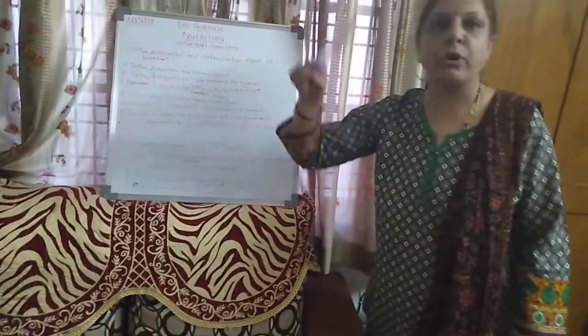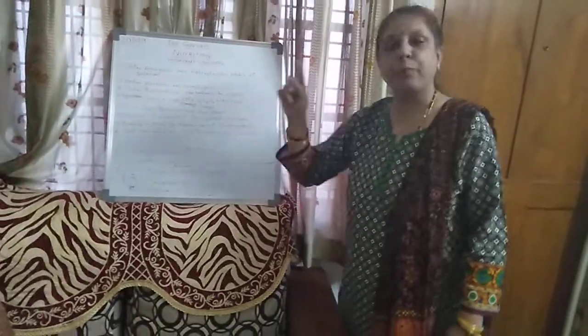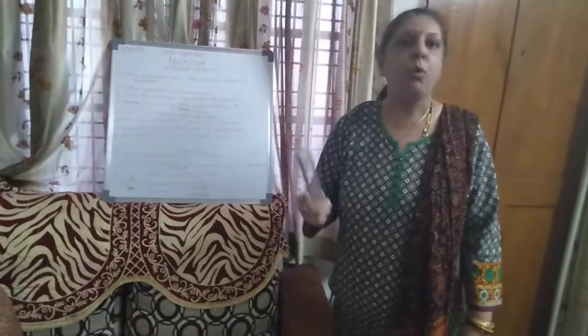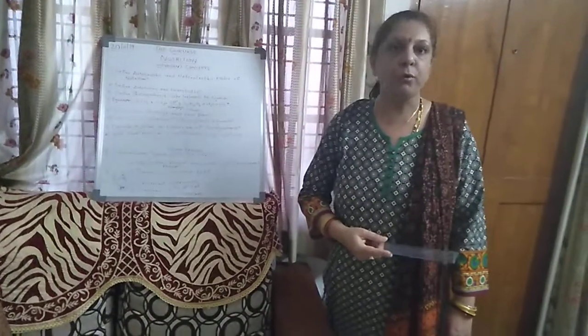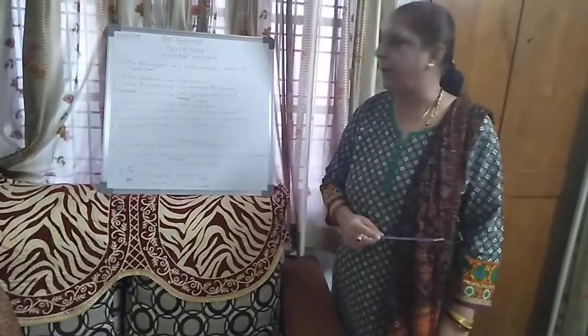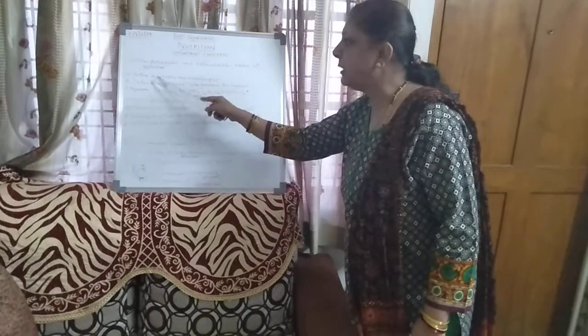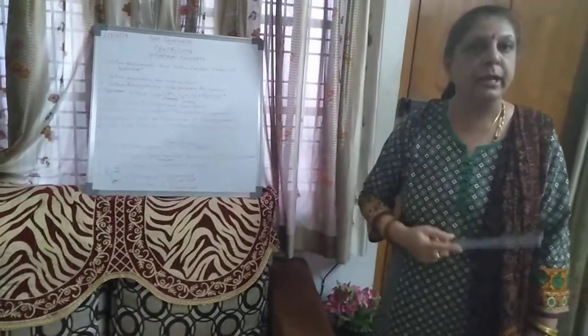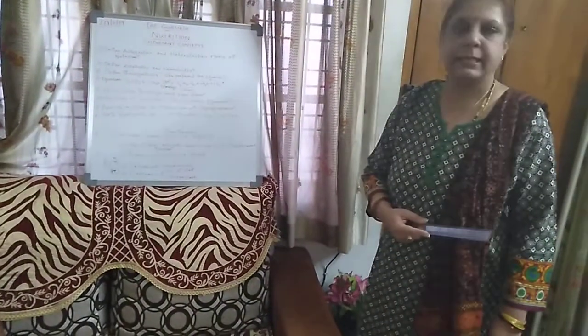Autotrophs are those organisms which are able to manufacture their own food, who are able to prepare their own food, whereas heterotrophs are those organisms who cannot prepare their own food and are in turn depending on the autotrophs for their food and energy needs.